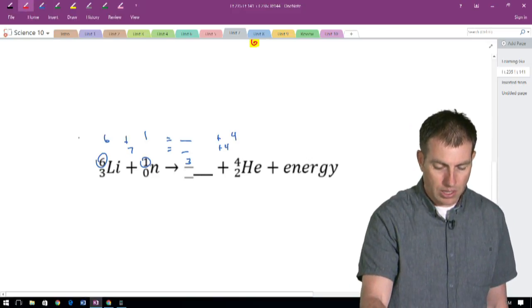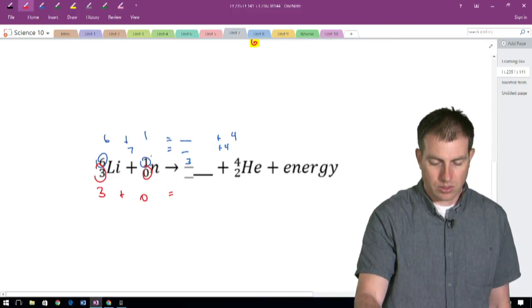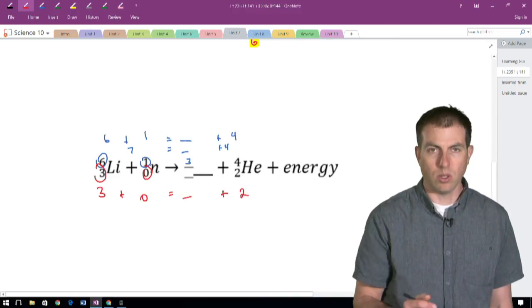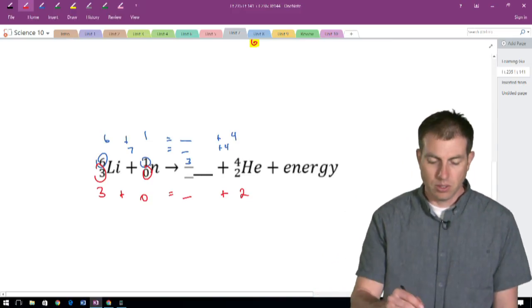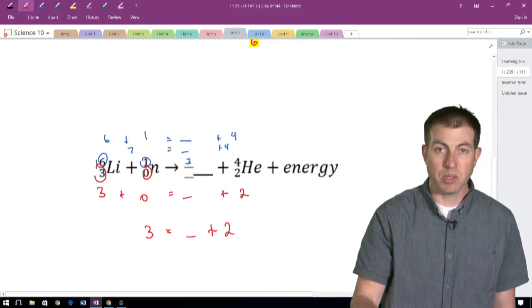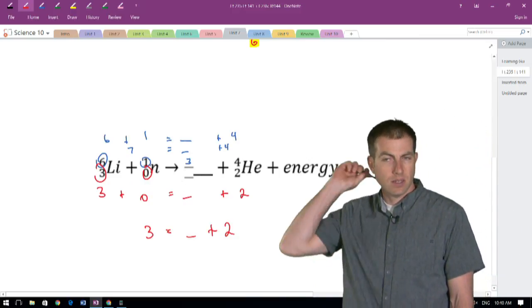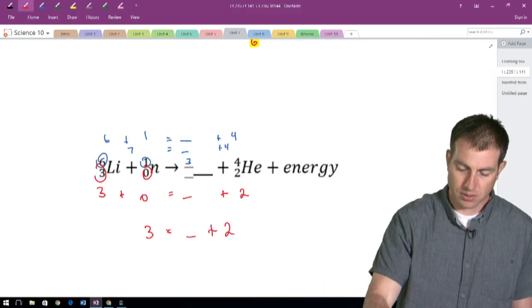On the bottom, same thing. I have 3 plus 0 is equal to something plus 2. What plus 2 gives me 3? You would be wrong if you said 26.